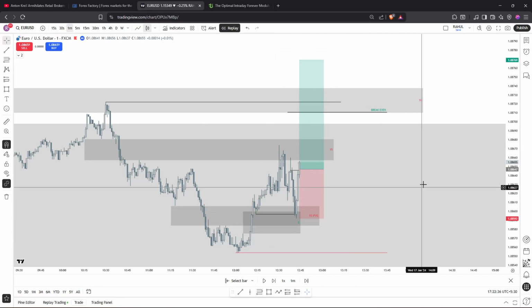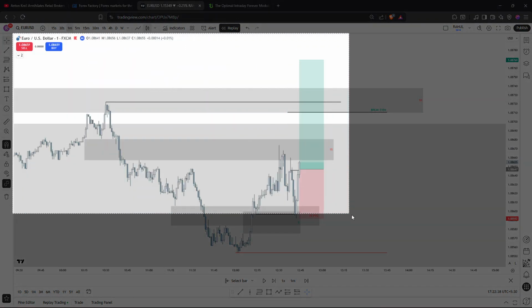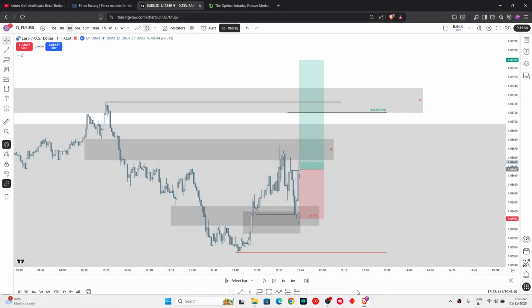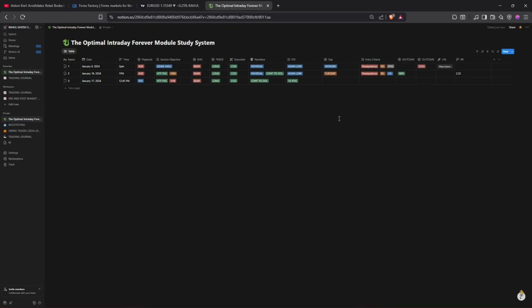This is the 15 IBG. Trade taken on the 15-second time frame. Now you can divide it into IBG, CIG, lowest liquidity.